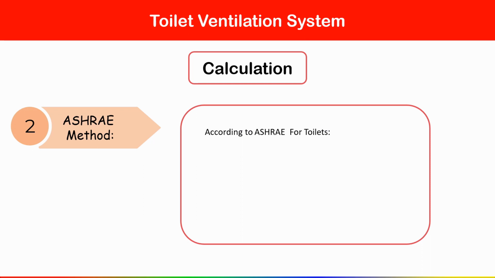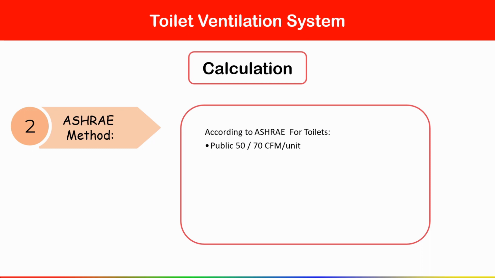Suppose you are designing for a public toilet, then we have to extract 50 to 70 cfm per unit. Meaning from each toilet, how much air we have to exhaust: 50 to 70 cfm.